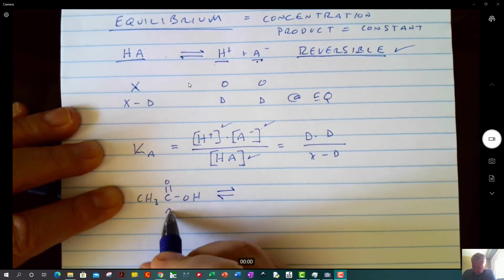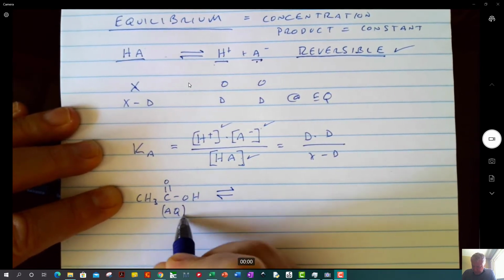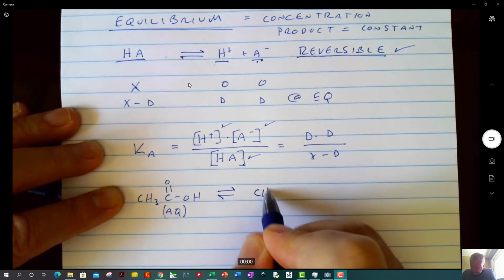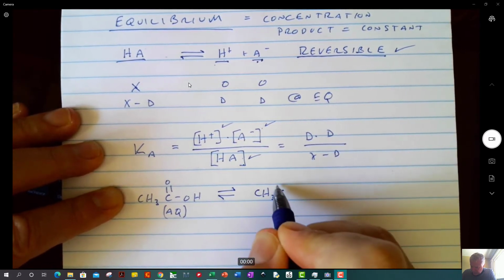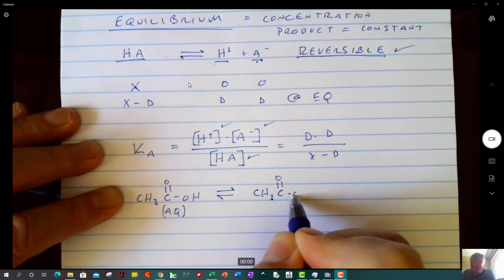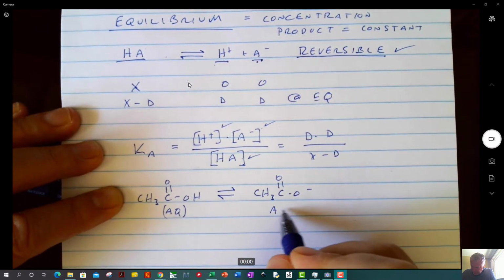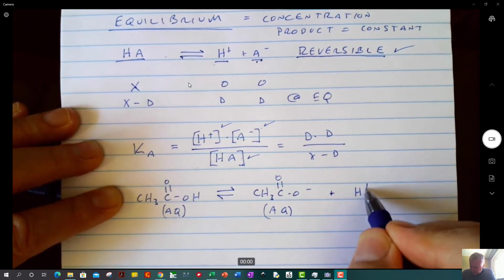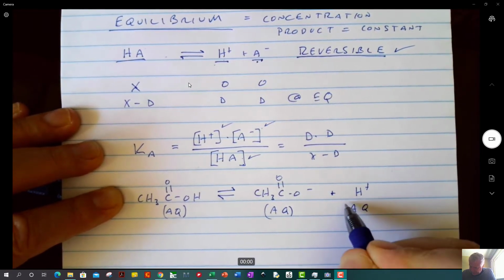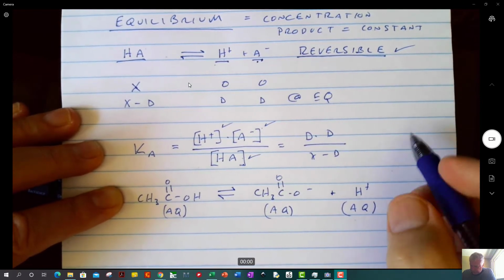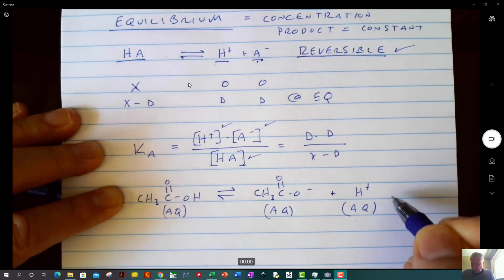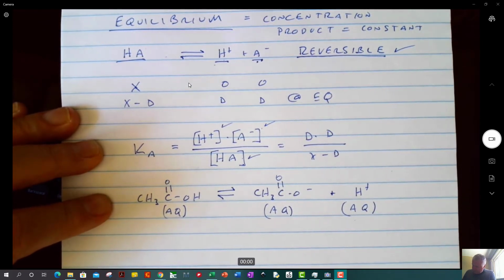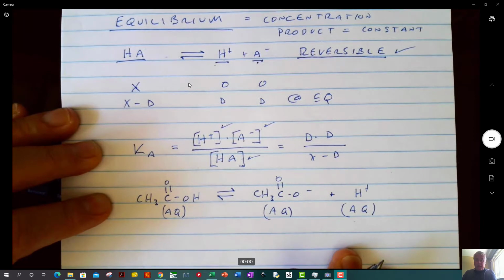If you put this into water, that will dissociate into CH3COO minus and H plus. The hydrated form of H plus is H3O plus, but I'm just going to show it as H plus here. Okay, a little bit of shorthand for now.